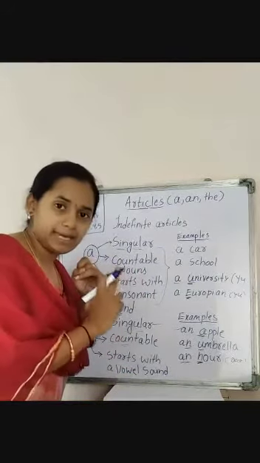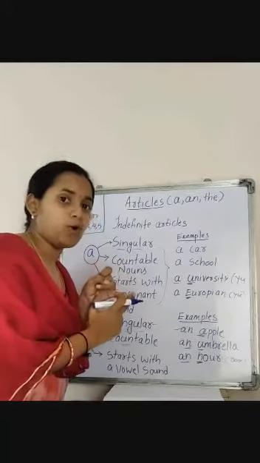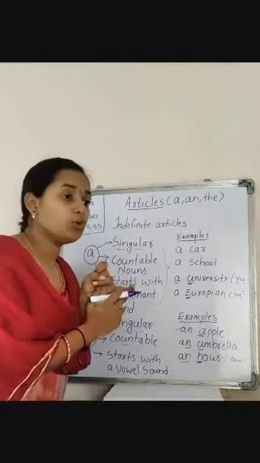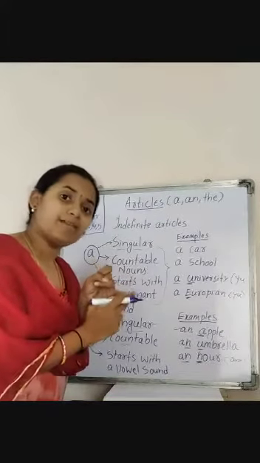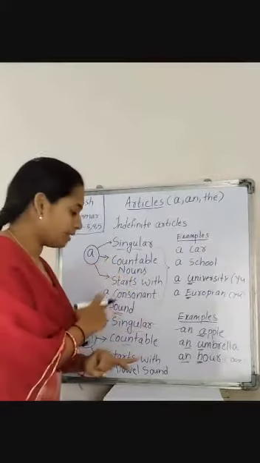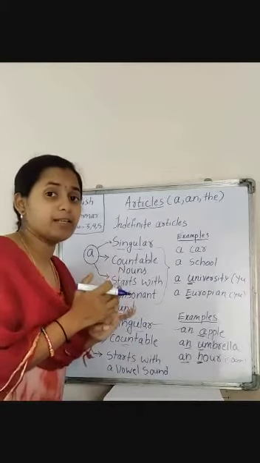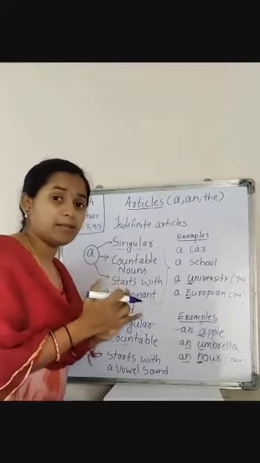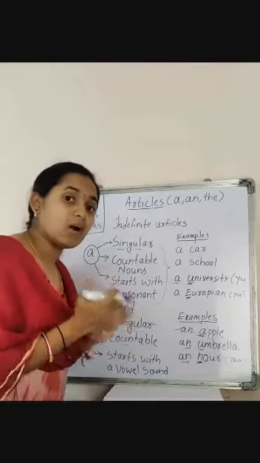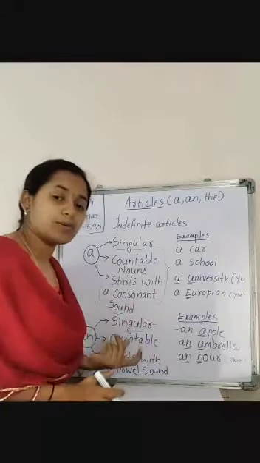But A is used for consonant sounds, that means if a noun begins with a consonant sound like car, bus, European. And an can be used if the particular noun begins with a vowel sound like an hour, an apple, an orange, etc. Hope this one is clear.